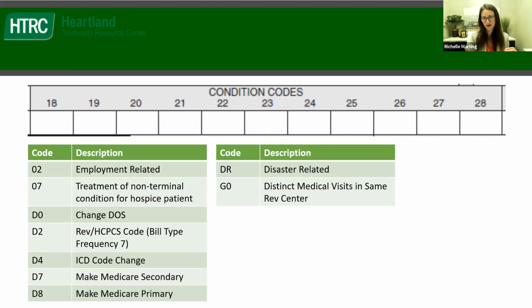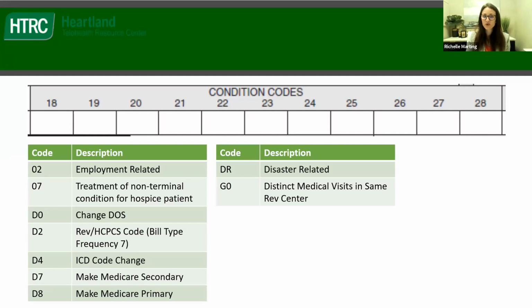We see a lot of very specific revenue code, CPT code, and modifier combinations on the UB04 that may be required, which I feel are more specific than what we sometimes see on the 1500 claim form. There's also a code if we're changing the diagnosis codes on the claim: adding, exchanging, or removing diagnosis codes.